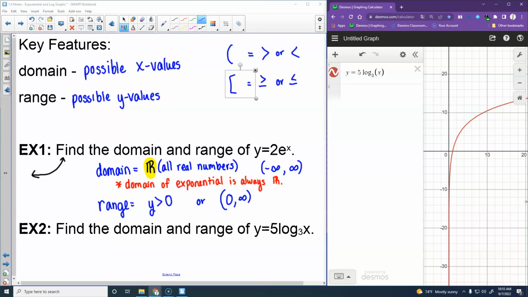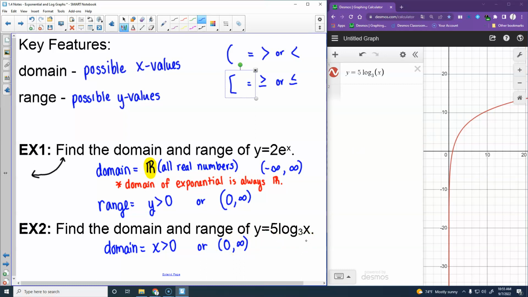So our domain for this one is going to be that x is greater than 0, or if we use interval notation, 0 to infinity. Because this is a vertical asymptote and we're not actually going to cross that line, we want to use a parentheses here, not a bracket.